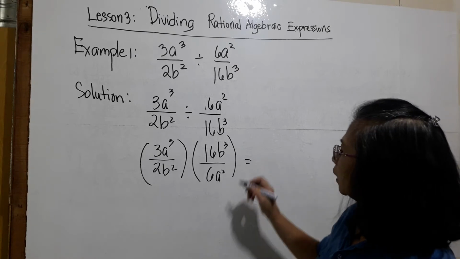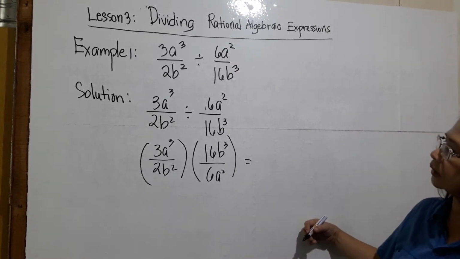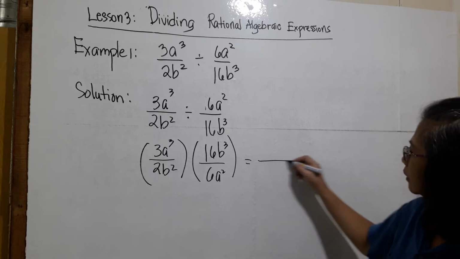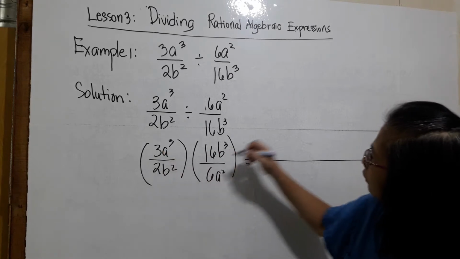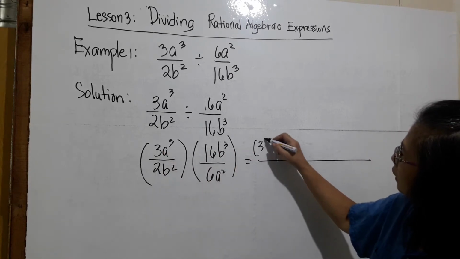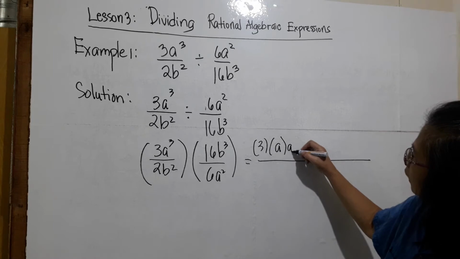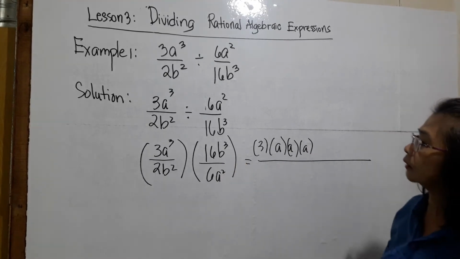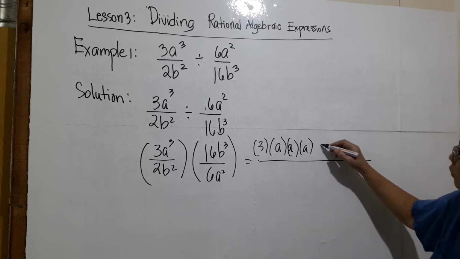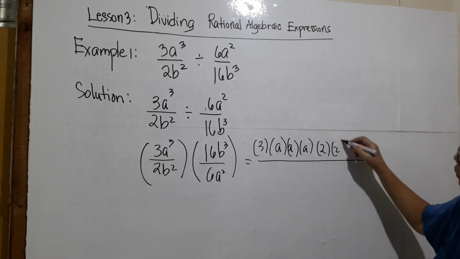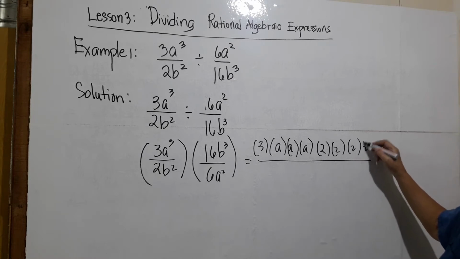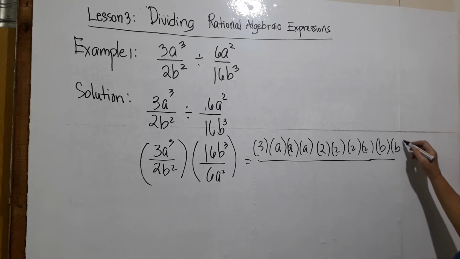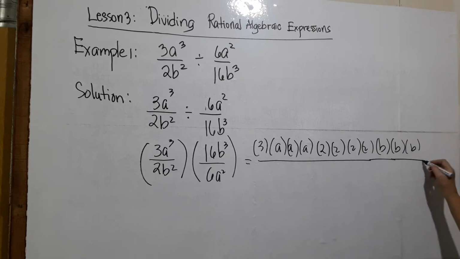Then, we can factor each term in the numerator and each term in the denominator. For the numerator, let's factor 3, a, then the second numerator, we have 2 for 16. And for the b's, we have b, 3 b's, b.